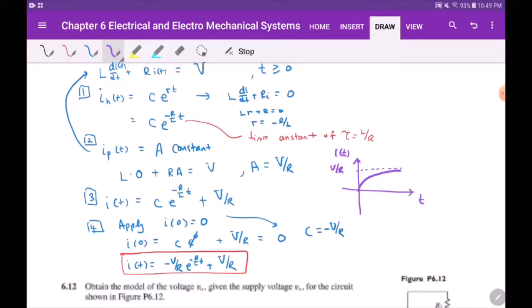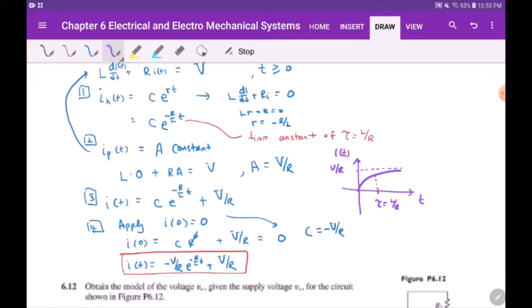So what does that mean? What happens at tau, when time is equal to tau, which is L over R seconds? You lose 63% of your initial value.